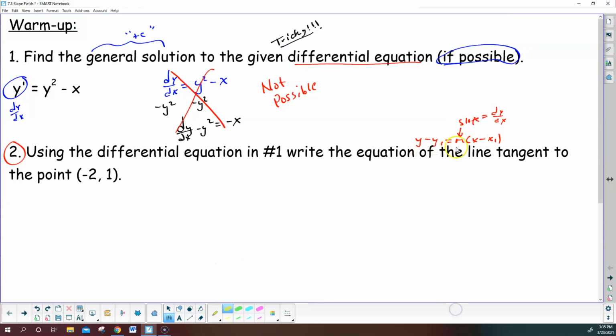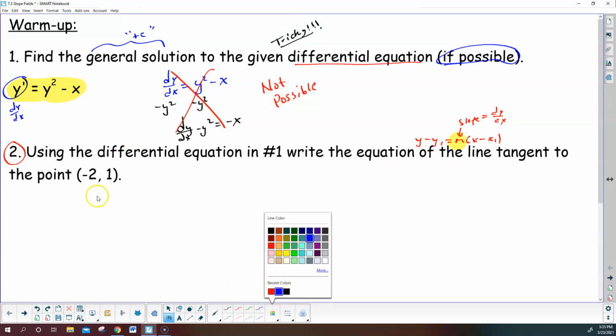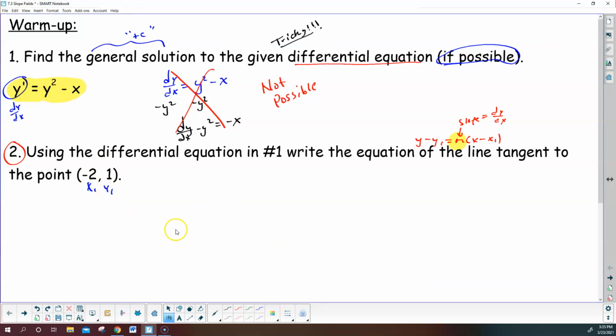So that whole slope is given by this equation right here. And I need to write the equation of the tangent line given the point x1, y1, and the slope. Well, the only thing that I need to do now is find the slope at the given point, negative 2, 1. To do that, I'm going to use the fact that y prime, or dy dx, is the slope, and we're going to use the points that are given.